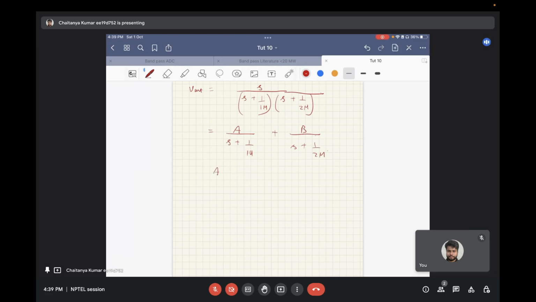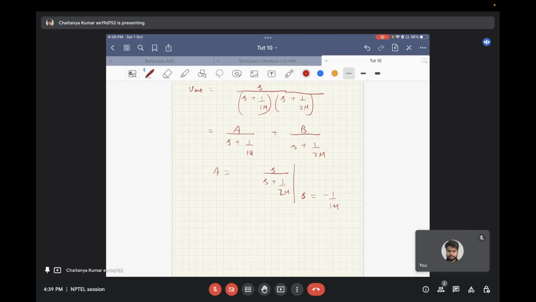So A comes out to be, for that you will substitute S upon S plus 1 by 2 microseconds, for S equal to minus 1 by 1 microsecond.